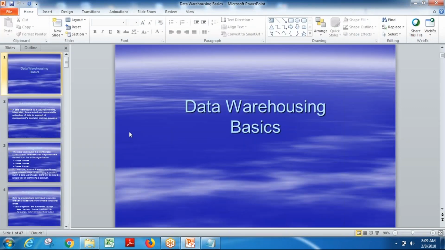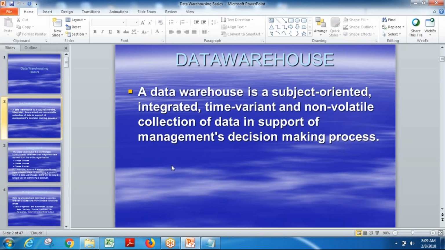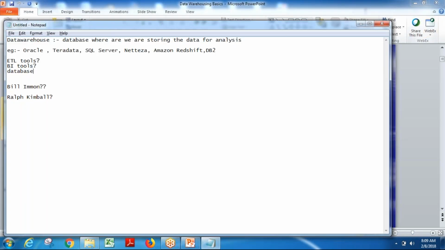So let's understand what Bill Inmon had to define about the data warehouse. These are all the characteristics of the data warehouse that Bill Inmon has defined. It is called a subject-oriented system, right? Subject-oriented. He also calls this an integrated system, right?